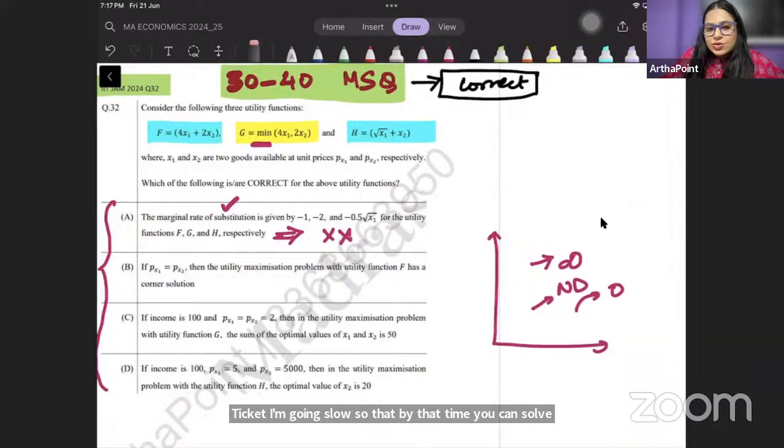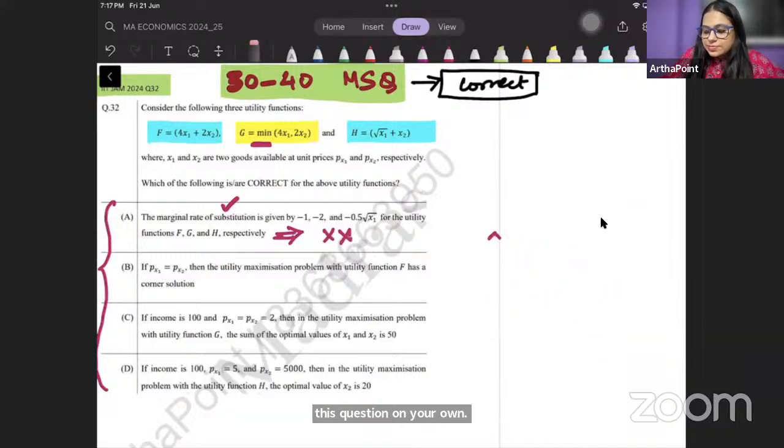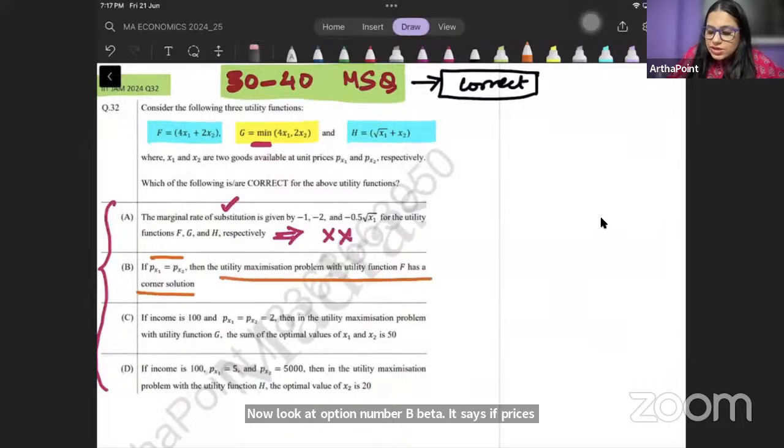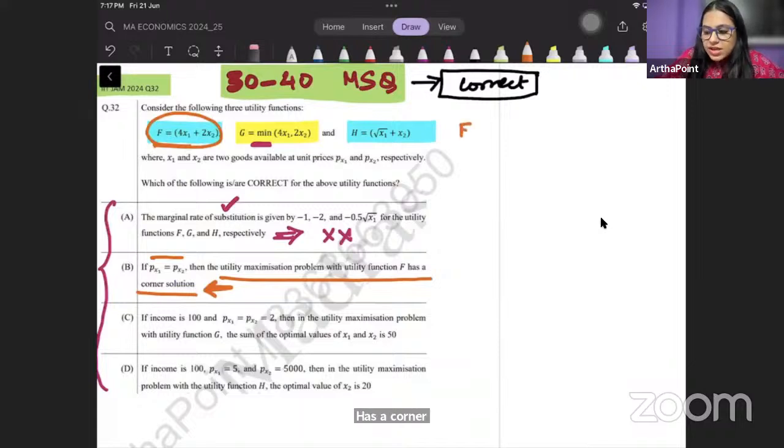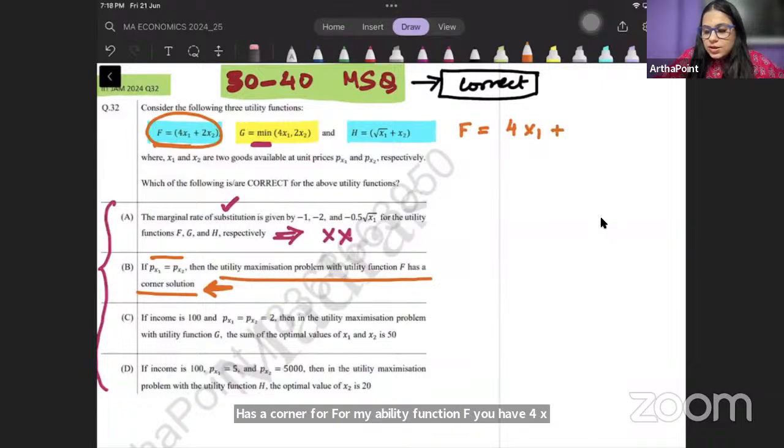Now look at option number B, beta. It says if price is equal, utility maximization problem with utility function f has a corner solution. Ab dekho, for my utility function f, you have 4x1 plus 2x2.